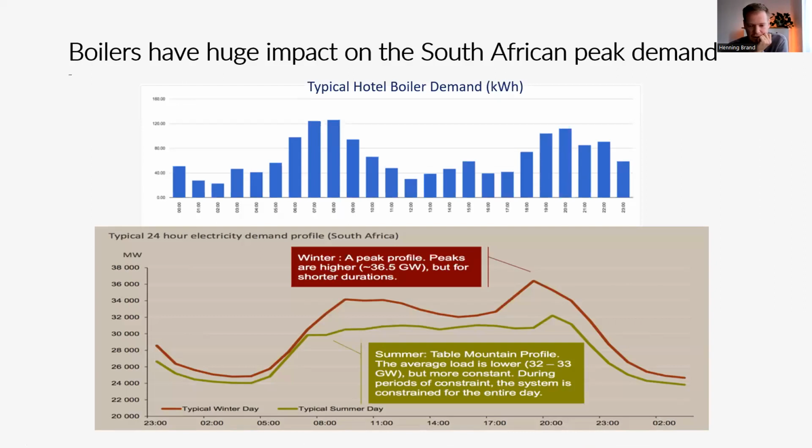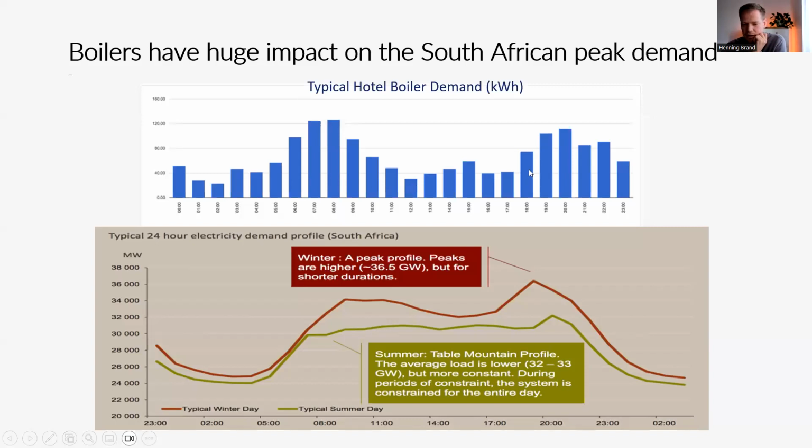What is very nice about this solar thermal technology, if you look at a 24-hour period, and this is a measurement that I have taken myself from a typical hotel, is that the energy consumption of the boilers goes up starting at 6, 7, 8, 9, and then it goes down.